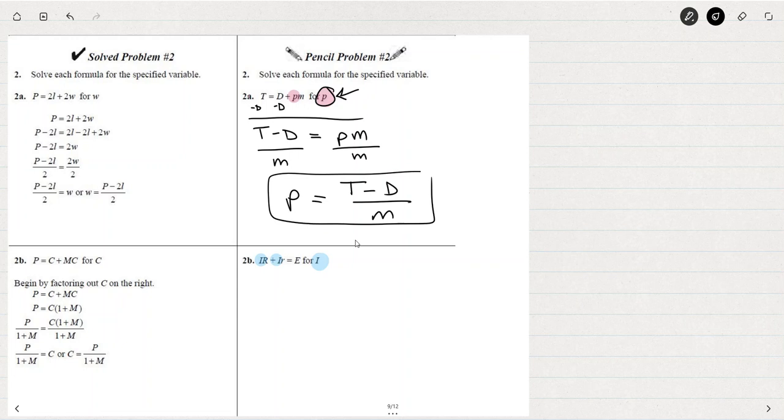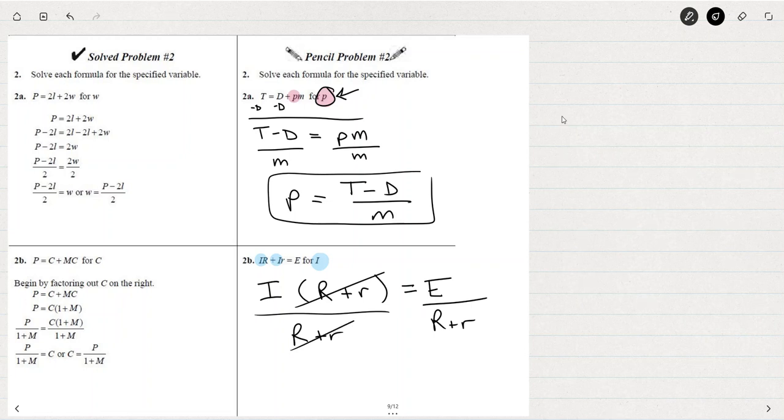This next one's a little bit different because we've got to combine two I's first. So we have I times capital R plus I times lowercase r. If we factored that I out, we'd have I times the quantity of R plus little r is equal to E. And then I could divide both sides by the R plus r.